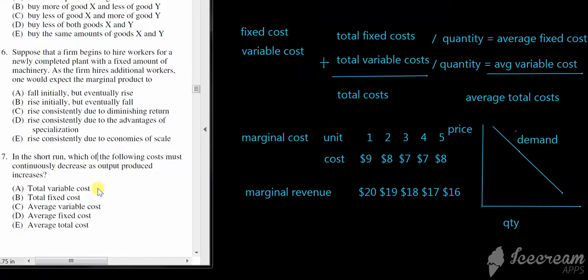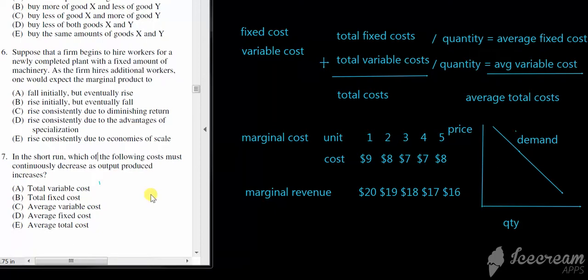Alright, so the first one is the total variable cost. Now, do we expect variable cost to decrease as the quantity we make increases? That's not true. We know that variable costs keep going up and up with every additional unit that we make. Alright, how about B, total fixed costs?